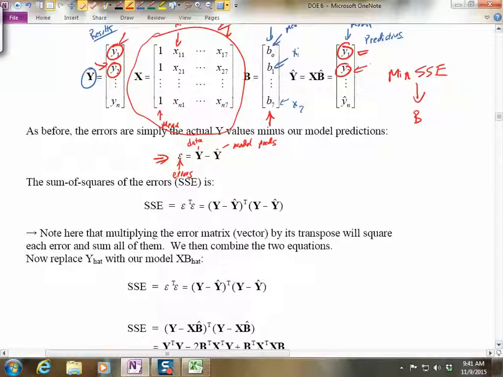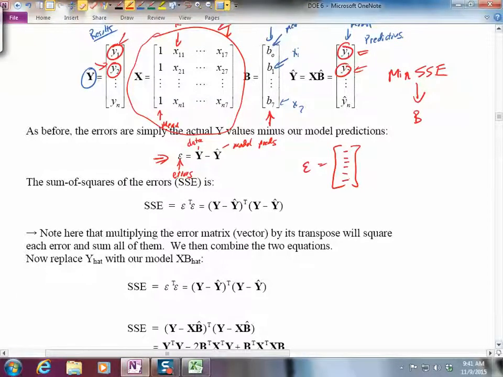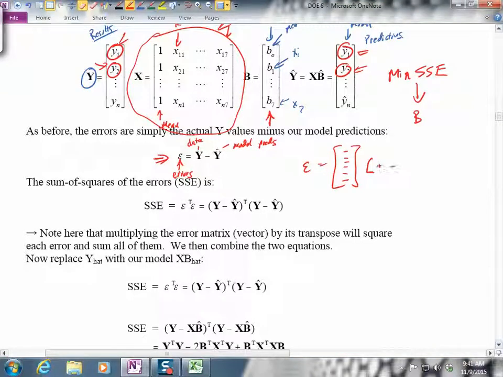So let's say we have an error here, and you have some vector there with those errors: y1 minus y1 hat, y2 minus y2 hat. And I want to square this. So if I'm going to do that in the vector world, I have to take that thing, transpose it, and then multiply it together, right?